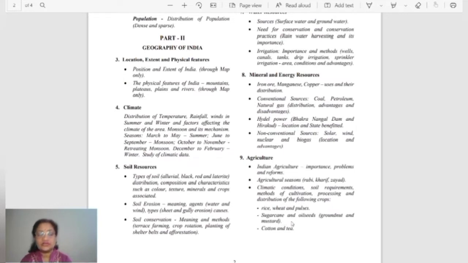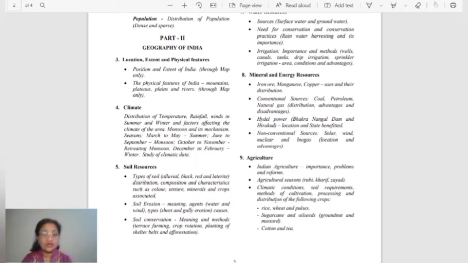Coffee is not there now in the reduced syllabus. So these are the things you have to cover in the agriculture unit. All these crops we have seen, rice, wheat, pulses, then sugarcane, groundnut, mustard, cotton, tea, are the crops you have to cover this time.